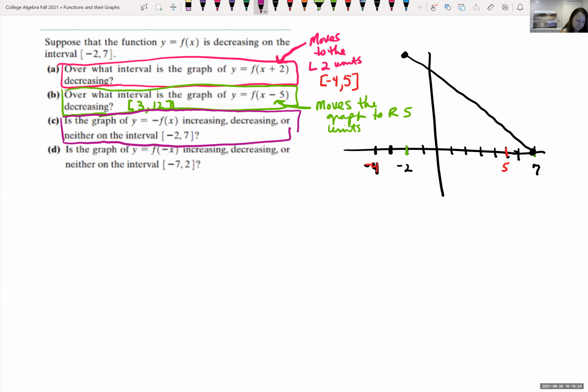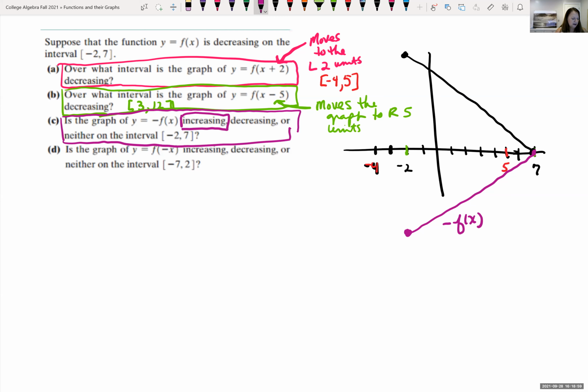Let's do it in this color. So this right here would be negative f of x. And if I look at it, starting at -2 and going to 7, my graph is now increasing on the interval from -2 to 7.